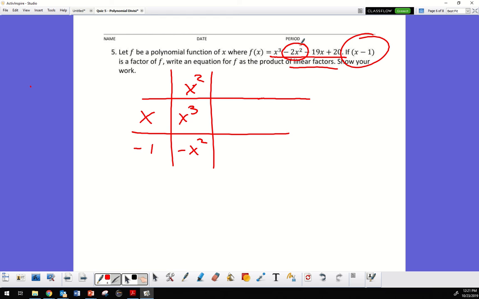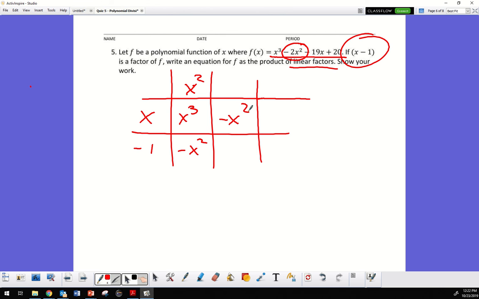So it's going to be another negative x. Like this. So this is a negative 1x squared, and this is also a negative 1x squared. When I combine the two negative 1x squareds, that's going to give me my negative 2x squared. So that's where I was going at right there.